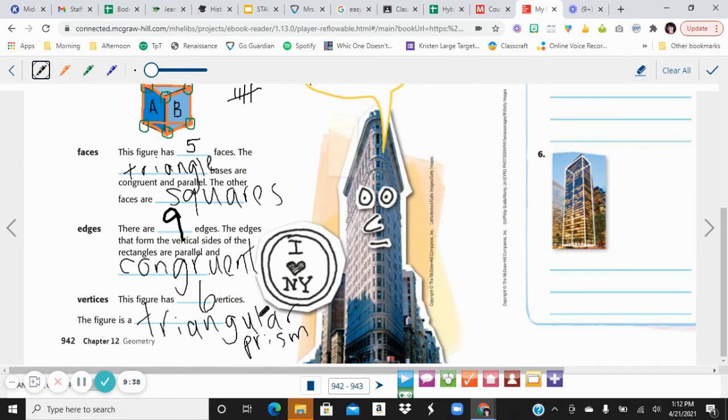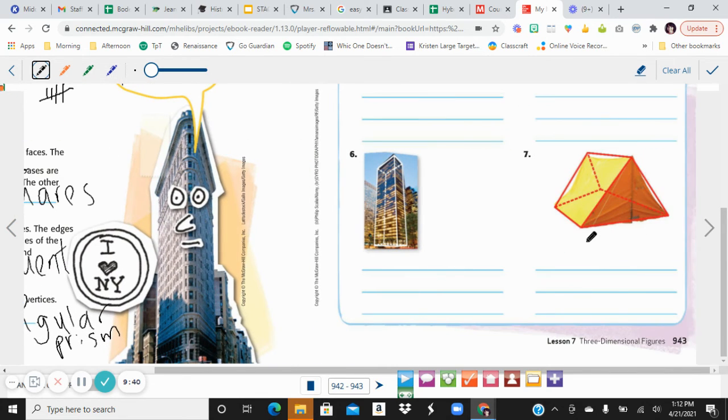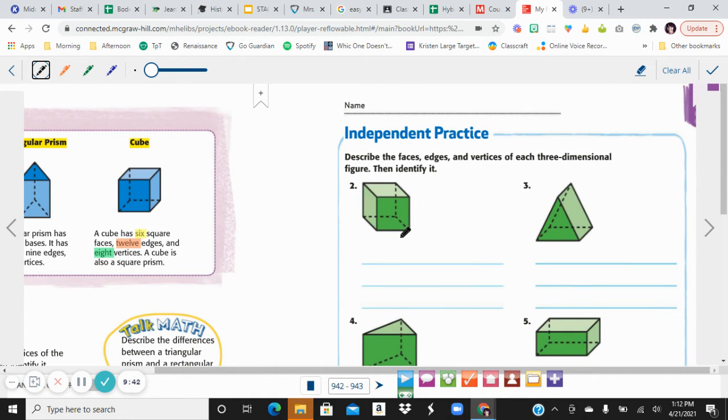Okay, let's go on. If you need to pause it there, you can, but I'm going to go on to the next page. So I want us to try to identify the faces, edges, and vertices of these. I'm not going to make us count all of them each time, but I want you to notice that we only have square shapes. So I'm going to put square faces. Mrs. Bodell needs to zoom in so I can write better.